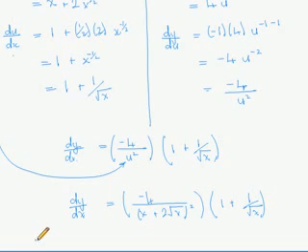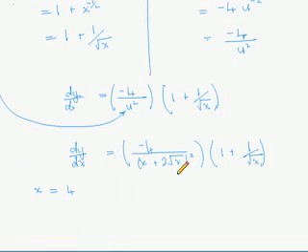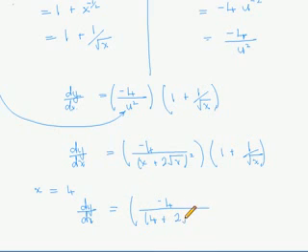Now we need to find the gradient at x equals 4, making the substitution in there. dy/dx is now equal to minus 4 on 4 plus 2 square root of 4, squared, times 1 plus 1 on root 4.